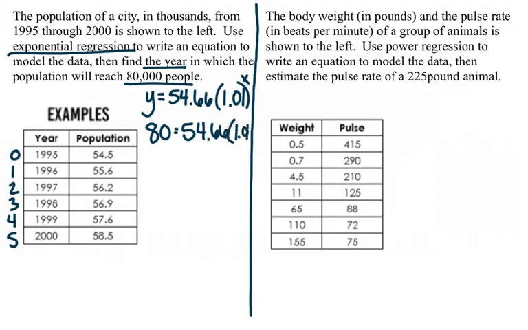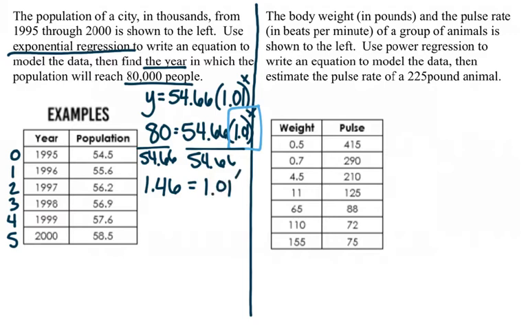And now I'm just going to solve like we have been this entire year. I want to get this part isolated, so I'm going to divide both sides by 54.66. Alright, so I get 1.46 equals 1.01^x.